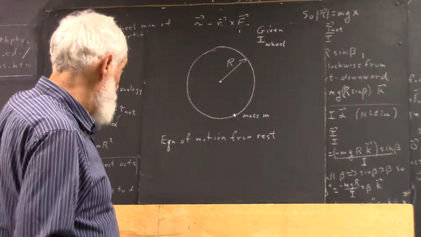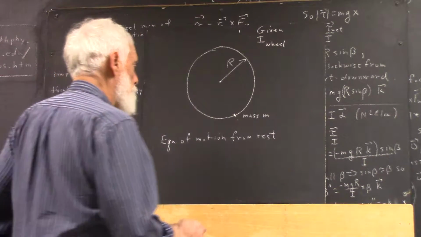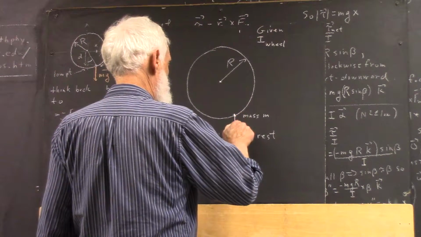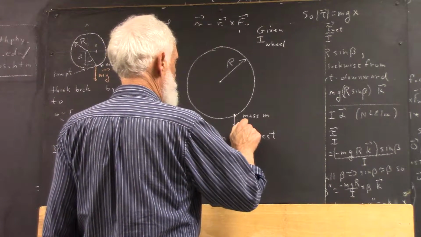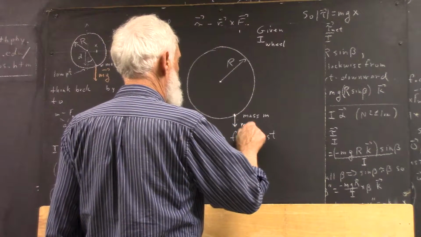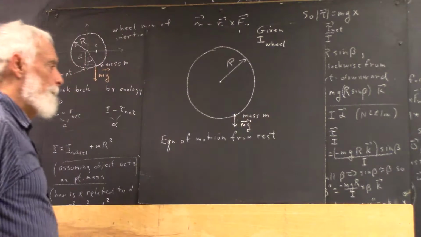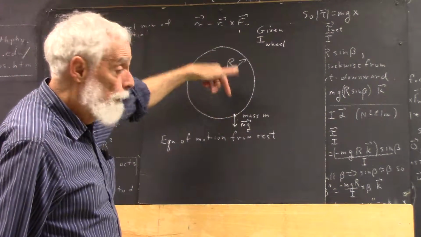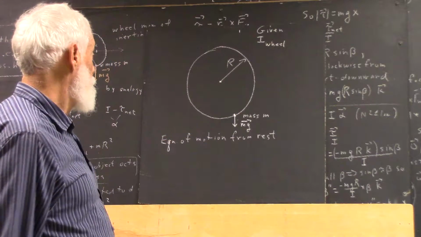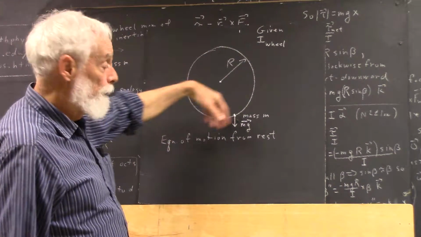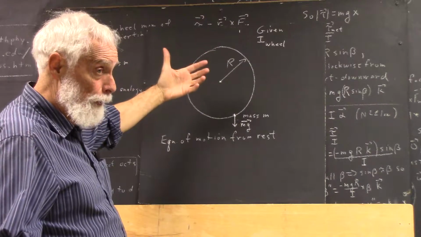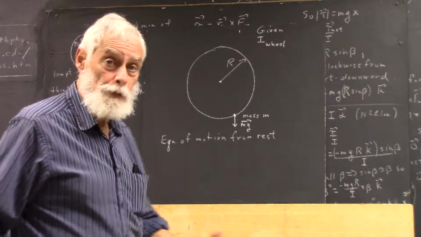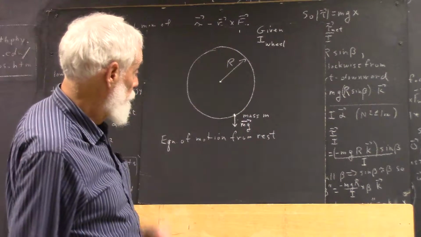Well, people were pretty good about sketching a force vector, which I'll label mg. The mg vector, the weight vector, the force exerted by gravity. Okay? Now, the wheel is said to be balanced, so there are plenty of other forces around, but there's nothing else that exerts a net force on this system at all.